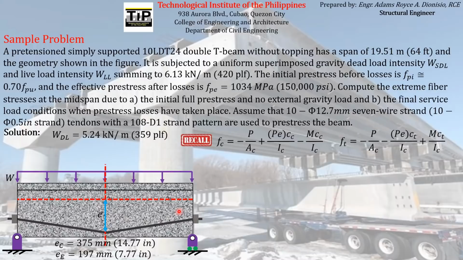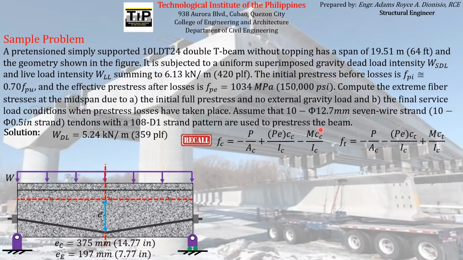That is what we call the pretension zone. If you want to find the stresses acting on that pretension zone, you can use this formula. Again, change the value of C depending on the location of the fiber you are investigating. But if you want to investigate the extreme fiber located at the bottom, you can just use the distance CT, which is the distance from the neutral axis to that extreme bottom fiber.